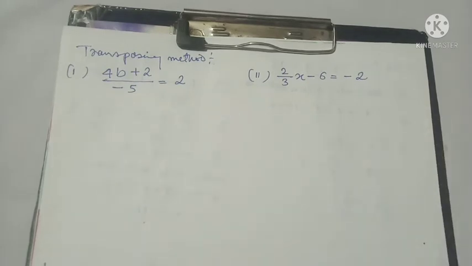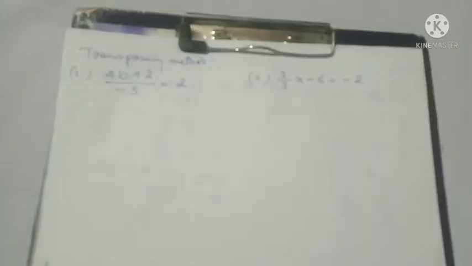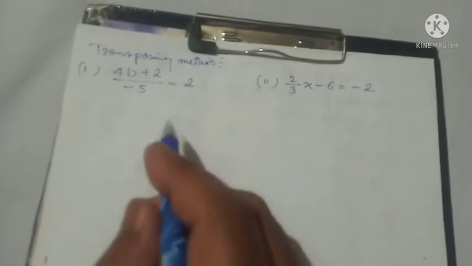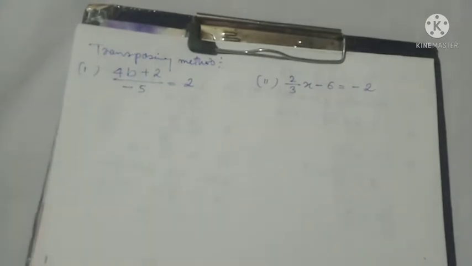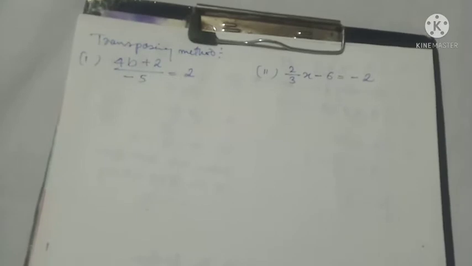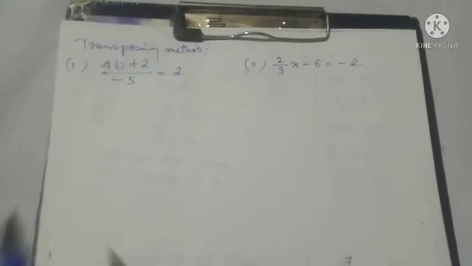We will see an example. Now let's see the transposing method, how it works. For example, this is an example of how to find the solution of a linear equation by using the transposing method. This is a solution.